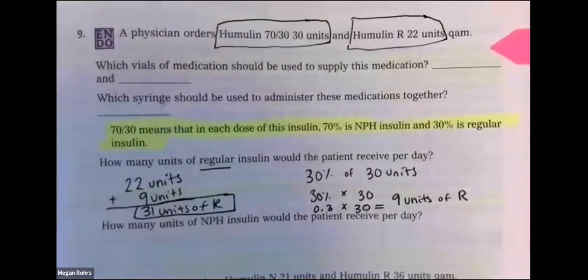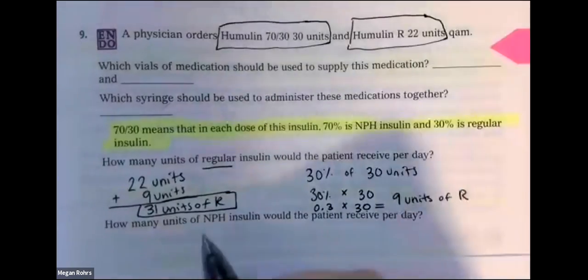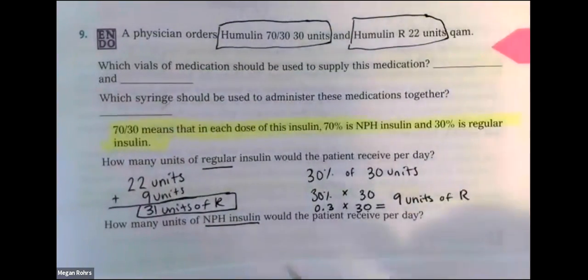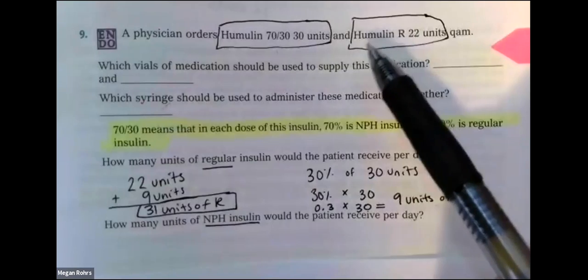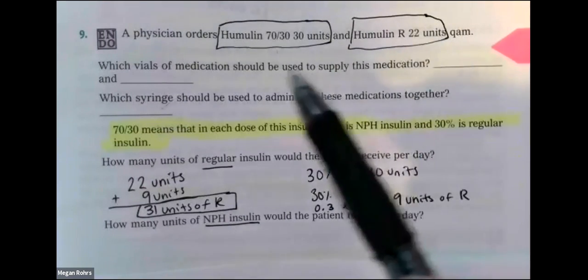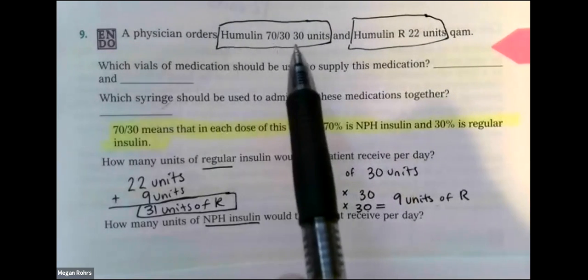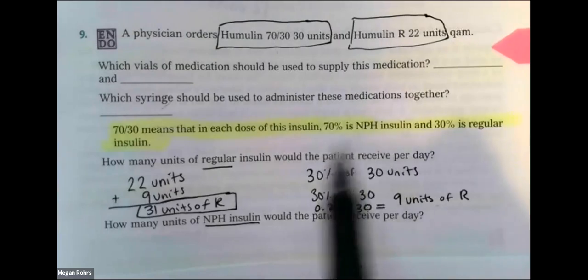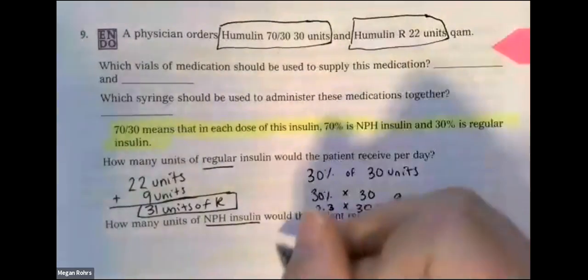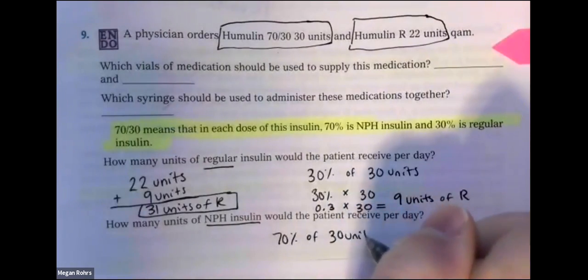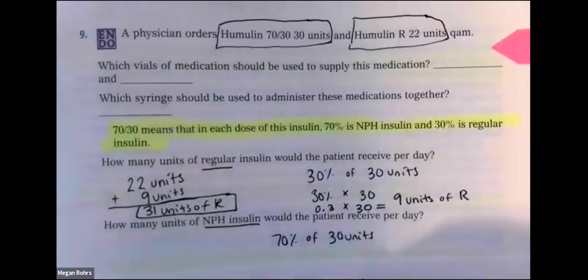Now, the second question says, how many units of NPH insulin would they receive per day? Well, we know that this vial is strictly regular, so we don't need to worry about that anymore. And we know that 70/30 means that 70% is NPH. So we could take 70% of the 30 units to find our NPH.